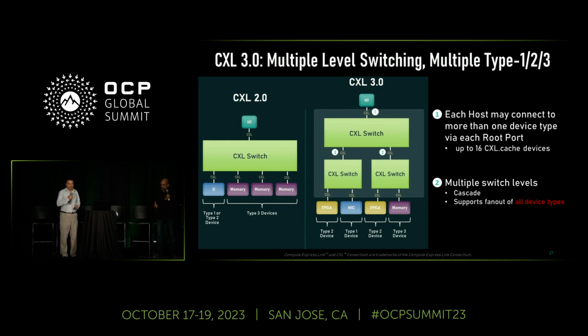So on the connectivity side, one layer of switches for CXL 2.0 could fan out to many memory devices. But with CXL 3.0, we're introducing the concept of heterogeneous connection of many different types of devices that could be either memory or caching devices.